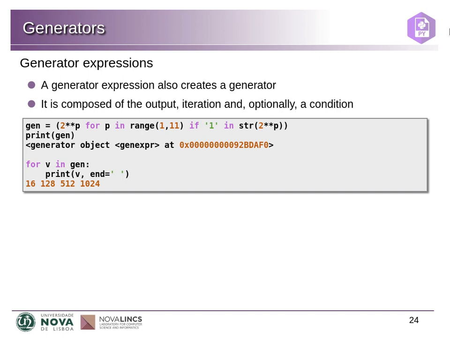So let's say we want to look at all the powers of 2 up to 2 raised to the power of 10 that contain at least one digit that is the number 1. So we can do this, 2 raised to p, where p goes from 1 to 10, but only if there is a 1 in the string representation of this number.